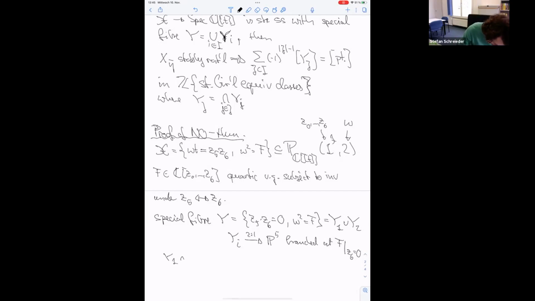And Y1 intersected with Y2 will just be given by Z5 equals Z6 and this other thing. So if I call this Z, then Z is a 2-to-1 cover of P4 branched at the degree 4 equation that is given when we set Z5 and Z6 equal.